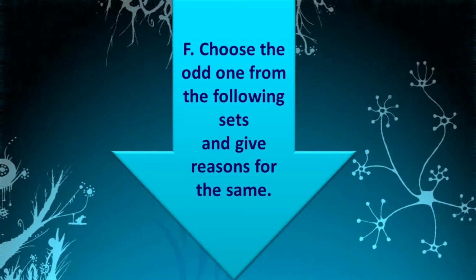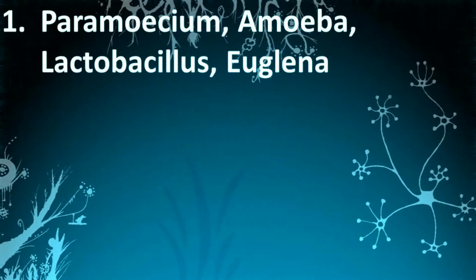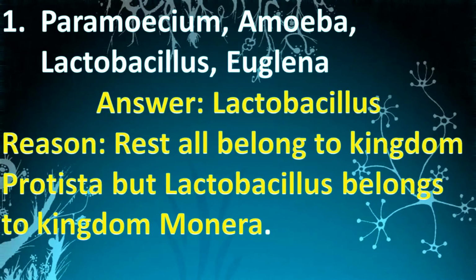Choose the odd one from the following sets and give reason for the same. Paramoecium, Amoeba, Lactobacillus, Euglena. Answer is Lactobacillus. Reason. Rest all belongs to Kingdom Protista, but Lactobacillus belongs to Kingdom Monera.